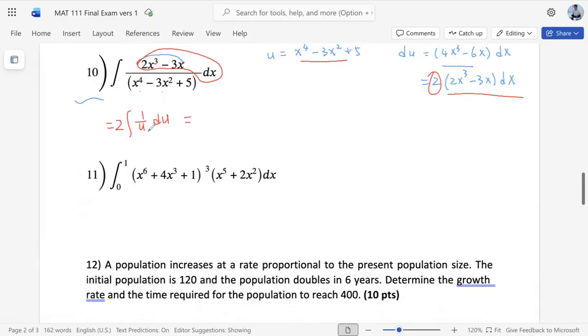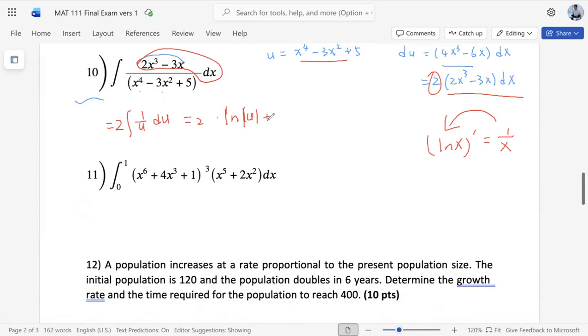So we anti-differentiate. Well, 1/u anti-differentiated, we get ln u. Remember this, right? ln x. When we take a derivative, we get 1/x. If we do the other way around, 1 over something, we get ln of something. So 1/u anti-differentiated, we get ln u.